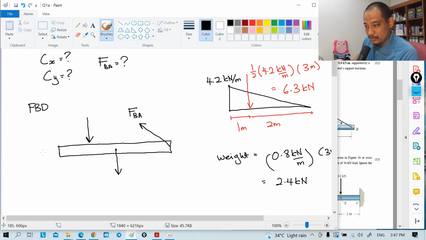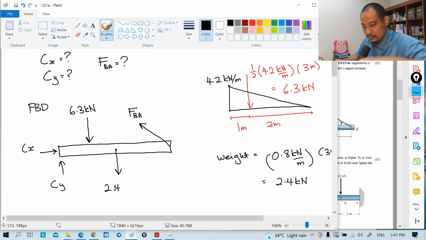In terms of the support reaction over here, let's consider that. Let's just assume the directions, of course this is an assumed direction. So Cx, Cy. This is 6.3 kilonewton, and this is 2.4 kilonewton.